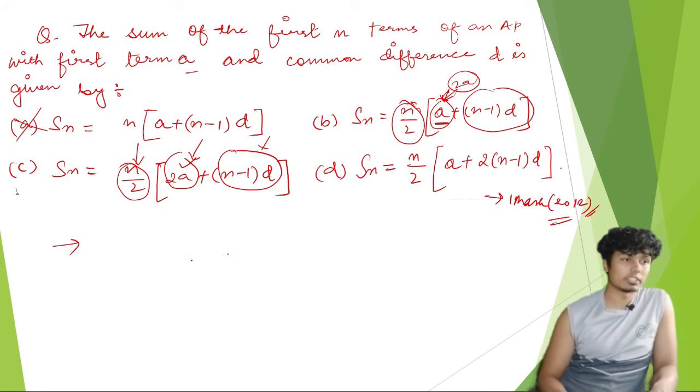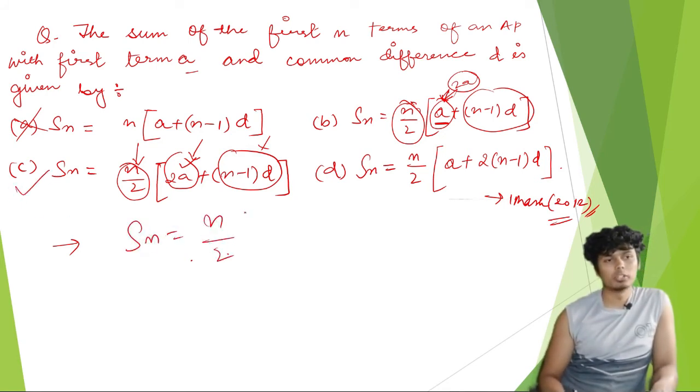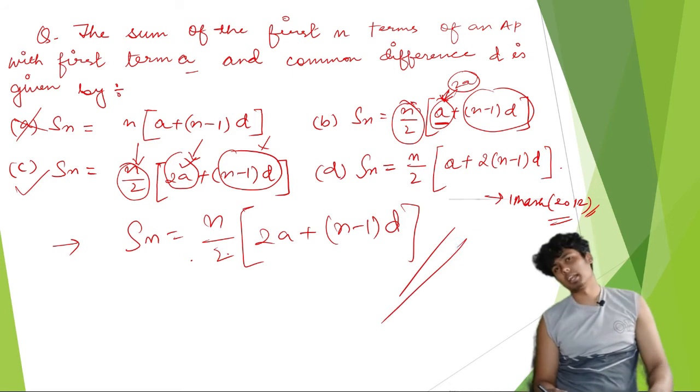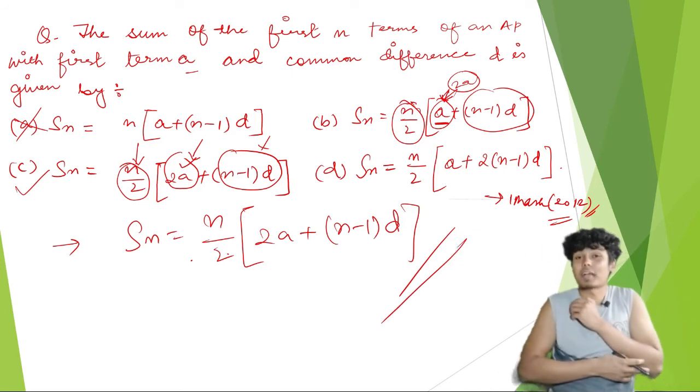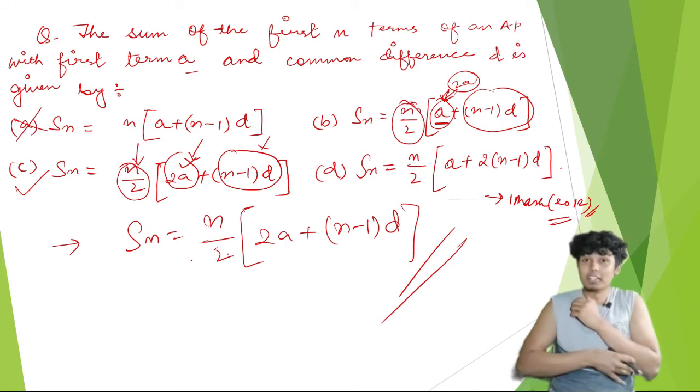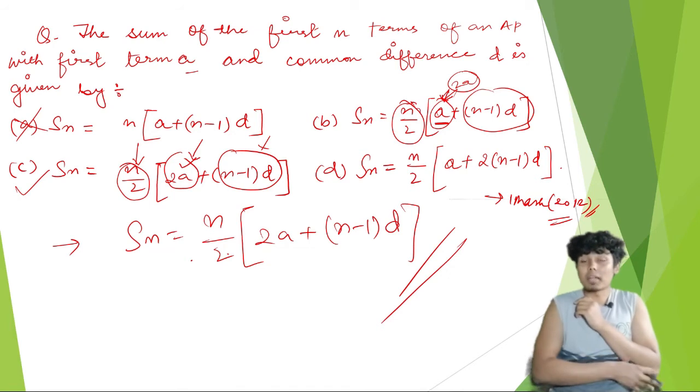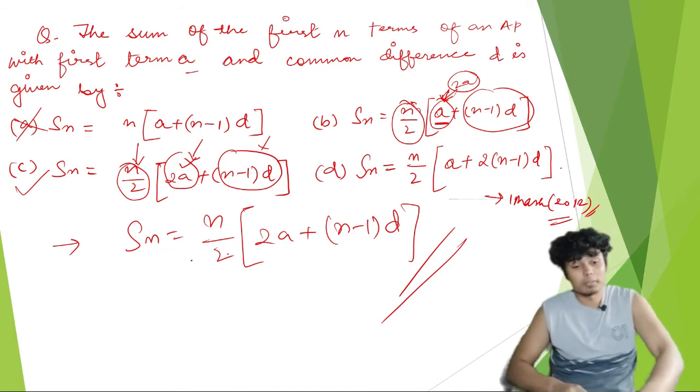So C is the answer. Sn is equal to n divided by 2, 2a plus (n minus 1) d. This is the formula, and this question was asked in 2012 for 1 mark in choose the correct answer. So you can easily get 1 mark by just remembering the formula.